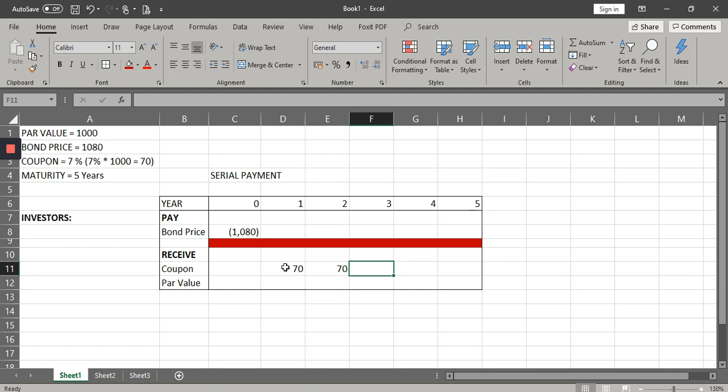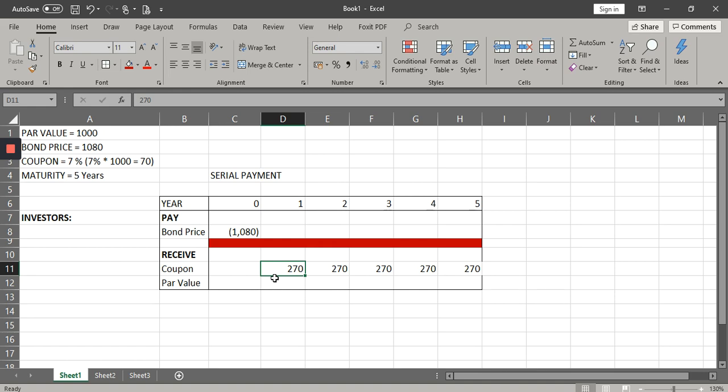Which means, instead of getting 1,000 at the end, you divide that and provide it each year equally. So you'll be getting like 270. So with serial payments, you're not getting one lump sum, but you will be getting the coupon plus a portion of the par value each year. So that is serial payment.